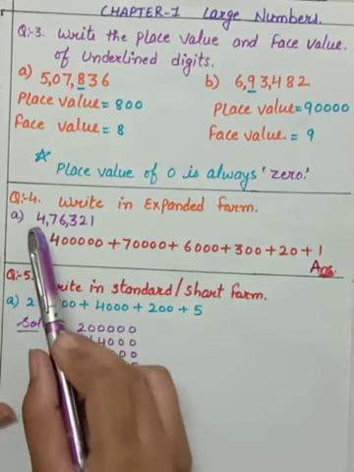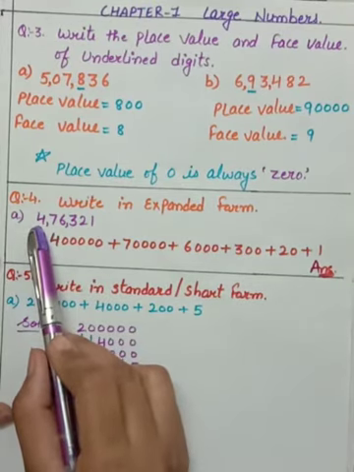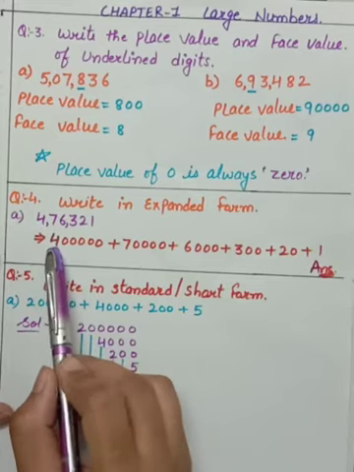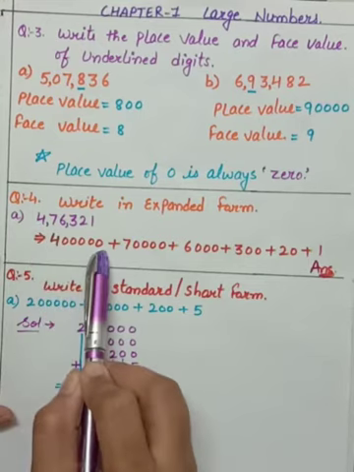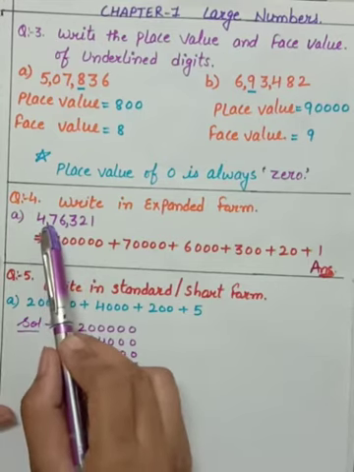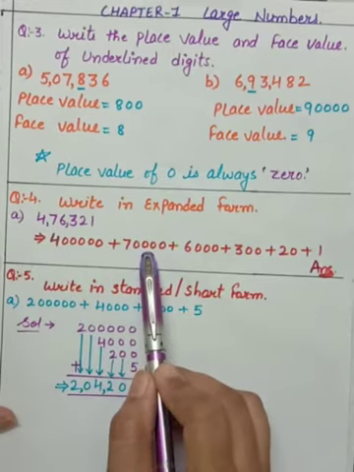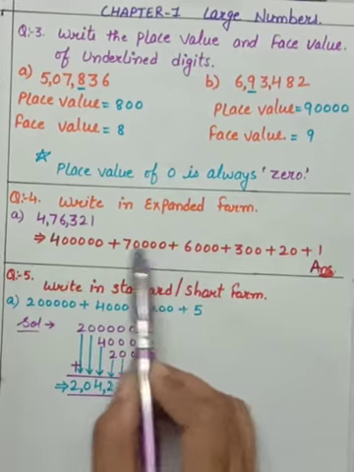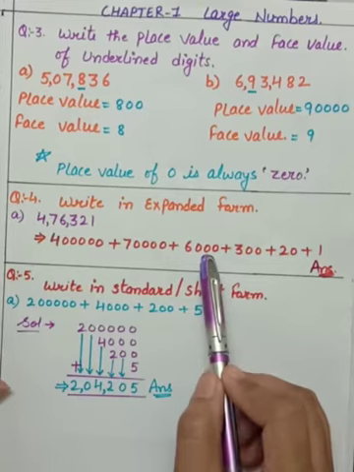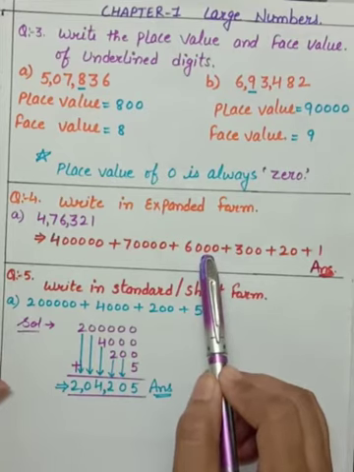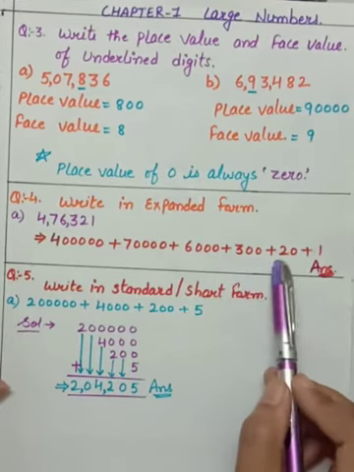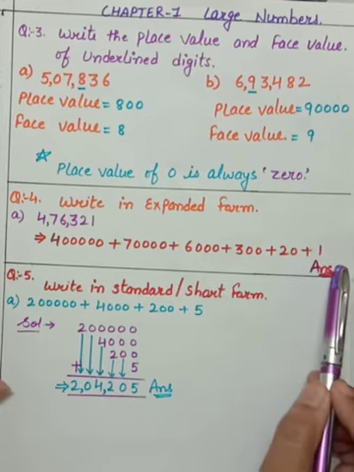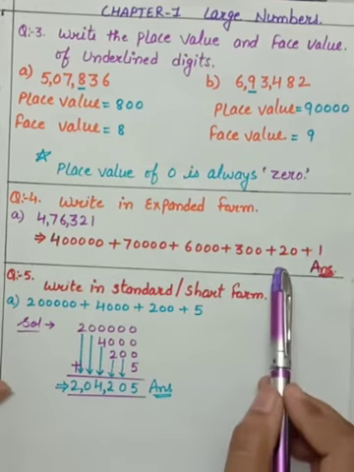First of all we will write the place value of the digit 4. It becomes 4 lakh. Then plus 7's place value is 70,000 plus next is the digit 6. So the place value of 6 is 6,000 plus 300 plus 20 plus 1. So this is called the expanded form.